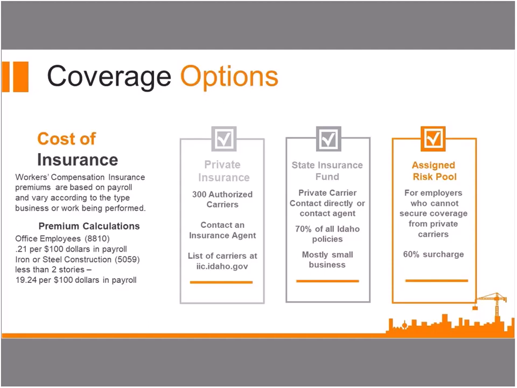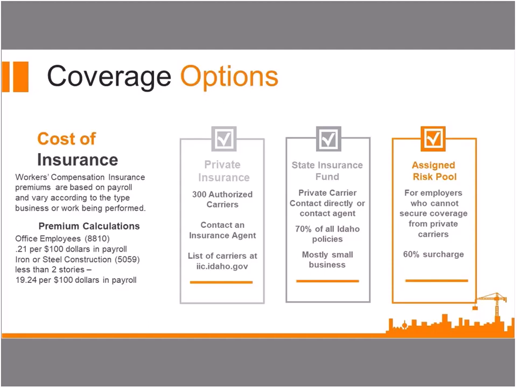And one of the most commonly used sureties is the State Insurance Fund, formerly known as the Idaho State Insurance Fund. They are a private carrier. They're not a state agency, so we do get that confusion quite frequently. The good thing about them is you can either contact them directly or contact them via an insurance agent, but they do write about 70% of all Idaho policies and mostly work with small businesses.